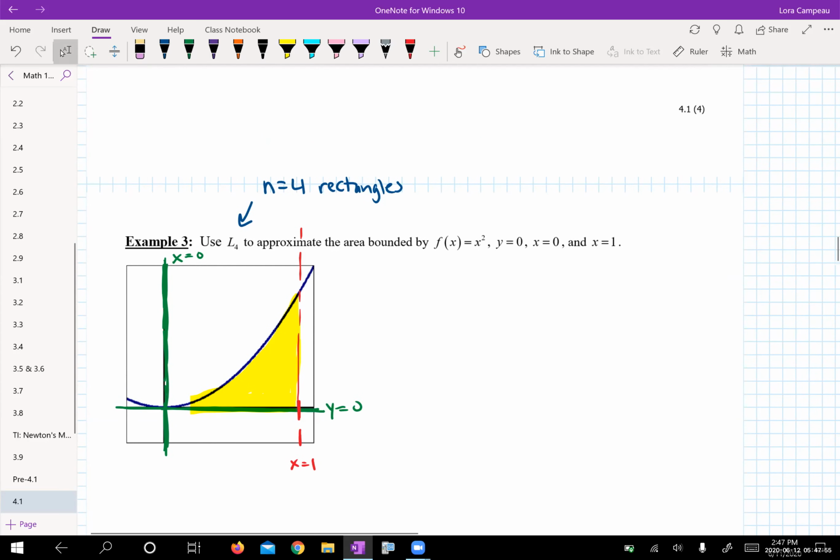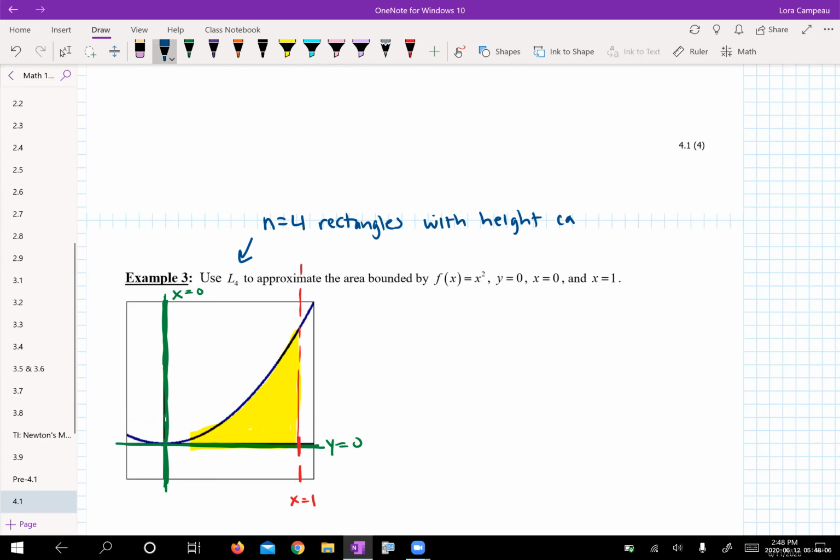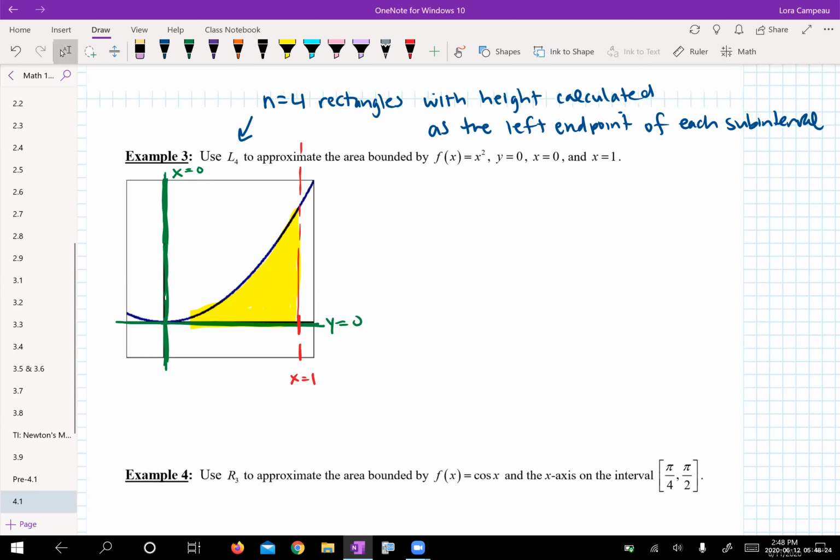And the L means that the height is going to be calculated at the left endpoint of each subinterval. So it's very important to know that notation. They're going to use that a lot in your homework.